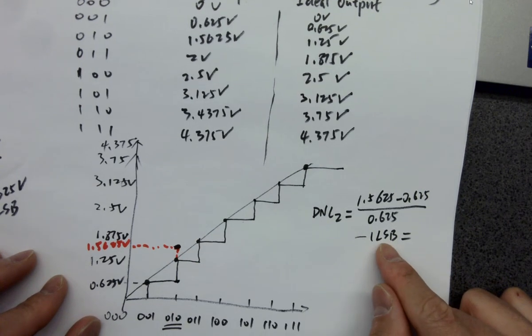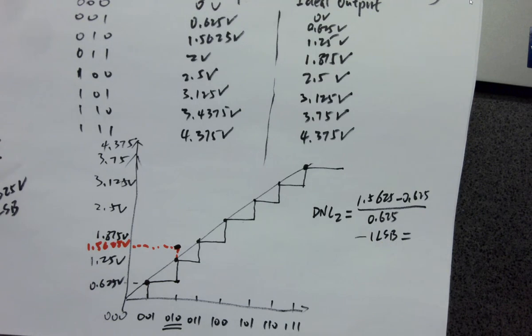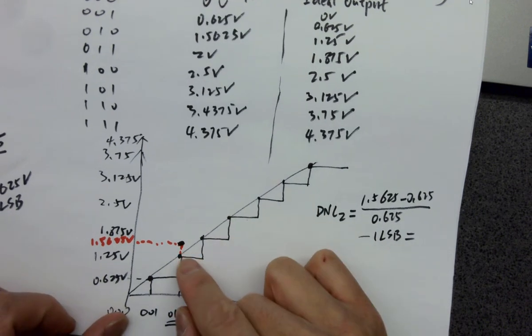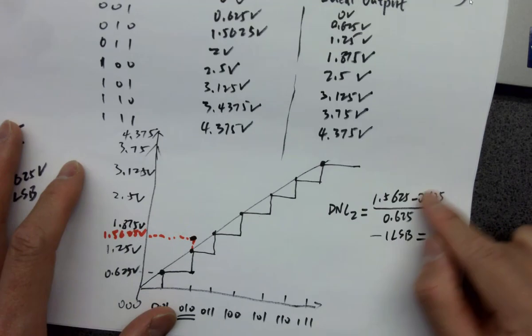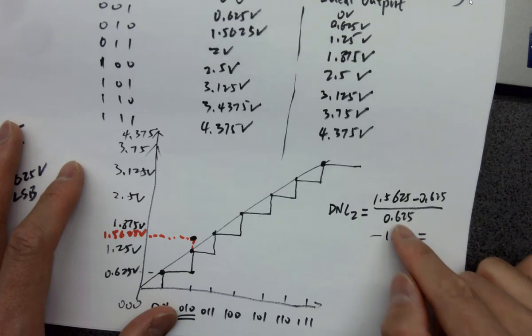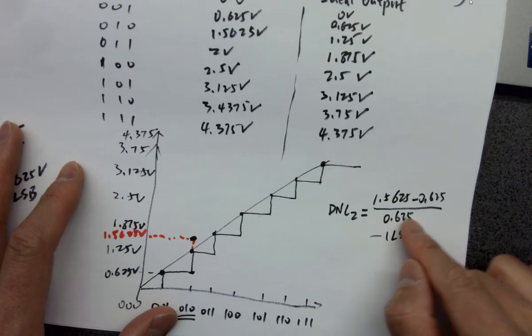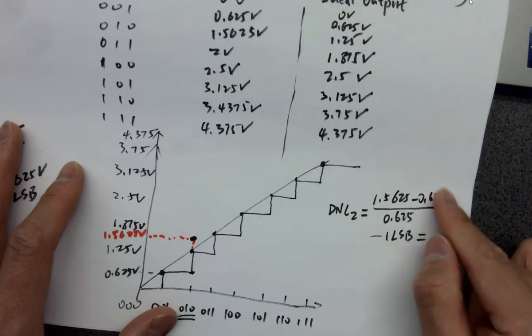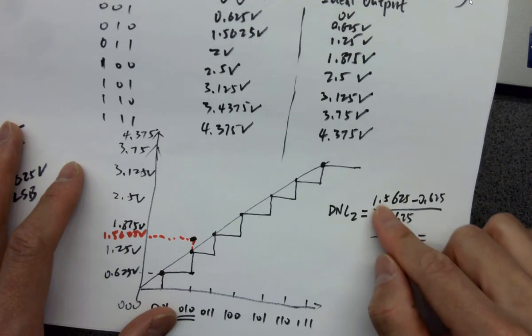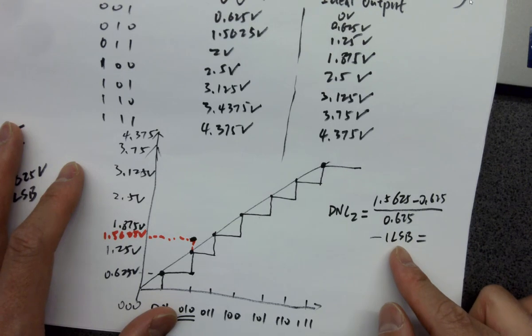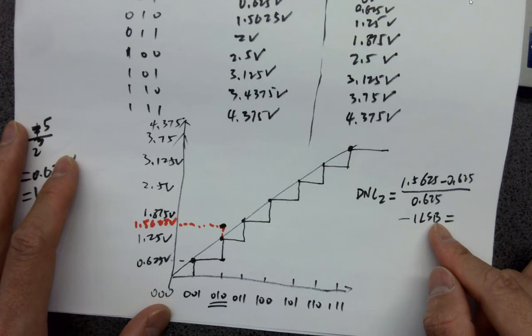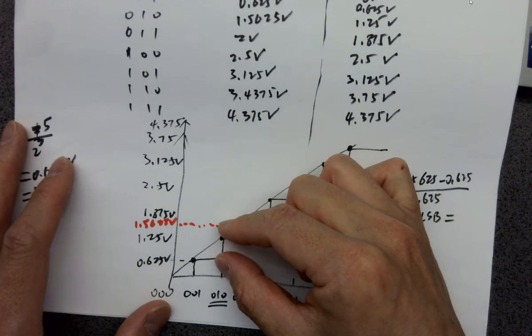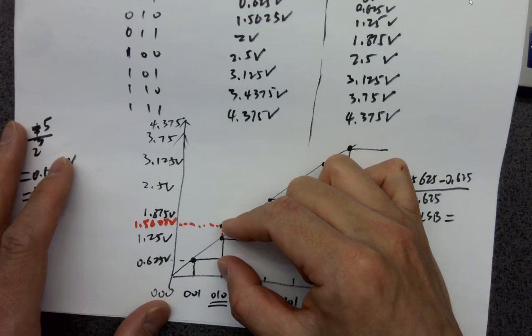That's the ideal step size, which makes sense, right? Every single digital input is giving you 1 LSB increment for the analog output as well, which is 0.625 volts. So you get the actual step size in LSB because you are dividing by the LSB's voltage value, and minus the 1 LSB, you get the difference between actual and ideal in terms of LSBs. Does that make sense? It's basically the actual step size minus the ideal step size. That's it. But you convert the unit into LSBs.